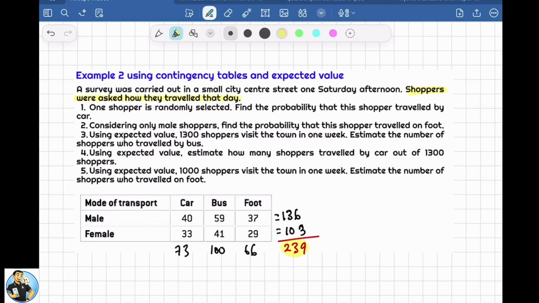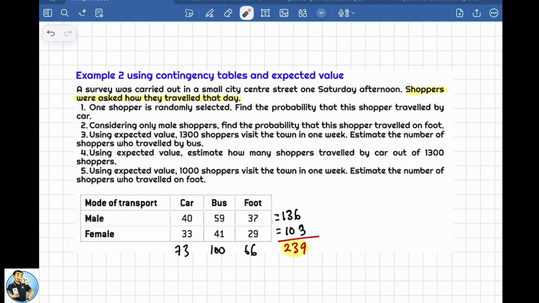I want to do 1, 2, and 3, and then we can leave it like this. The exercise is only to show you how to find the expected value. So for example, number one: one shopper is randomly selected, and find the probability that this shopper traveled by car. It's not telling you anything about the gender, so it's in general.